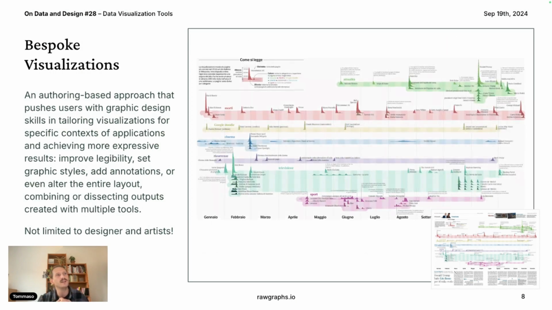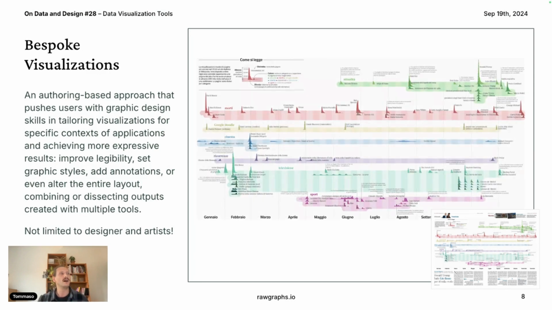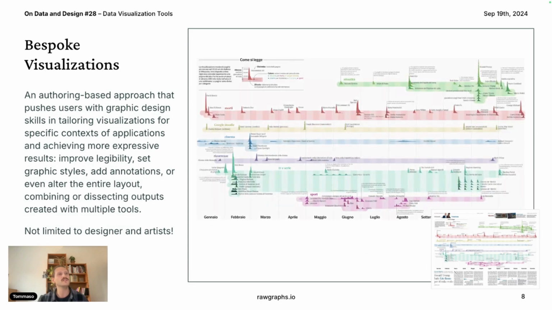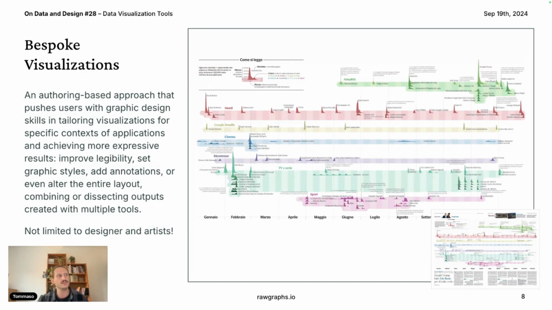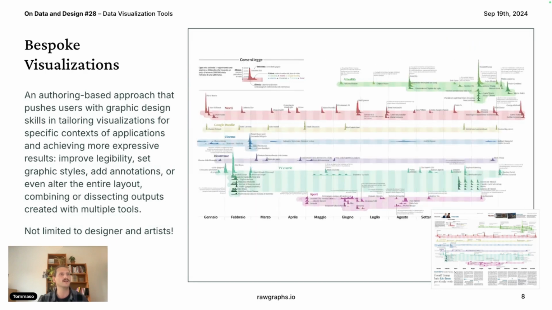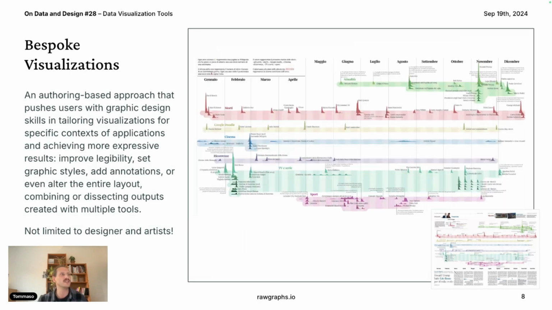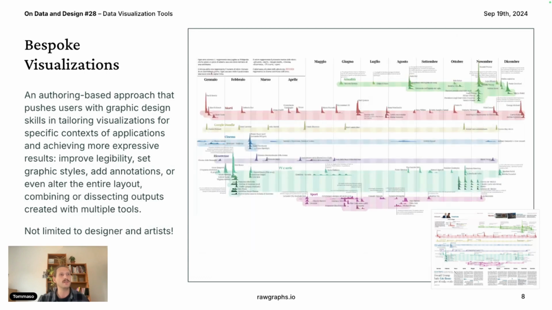So these are the outcomes of an approach that is based on an authoring process that allows people with graphical skills to tailor visualizations, achieving more expressive results. We can think about improving legibility, setting graphic styles, color palettes, but also more intense modifications such as dissecting and combining visualization templates.